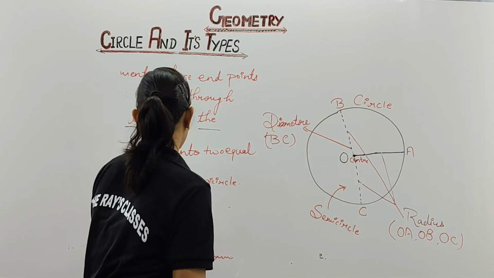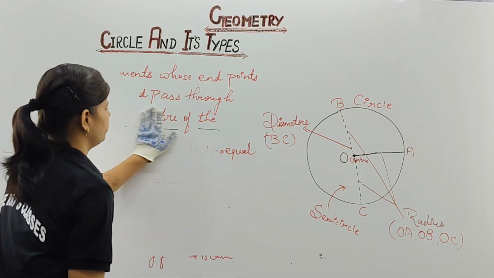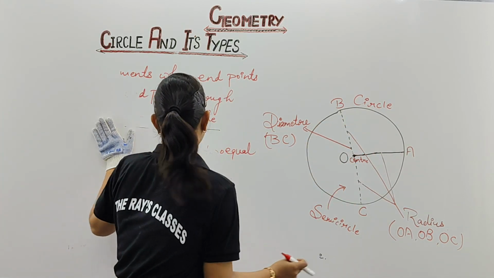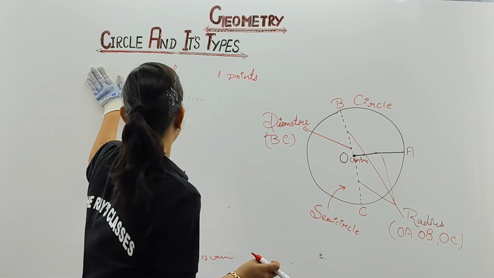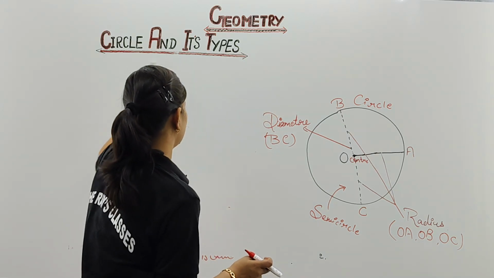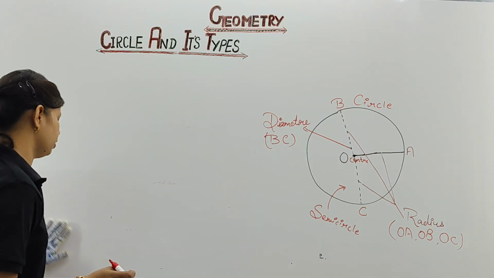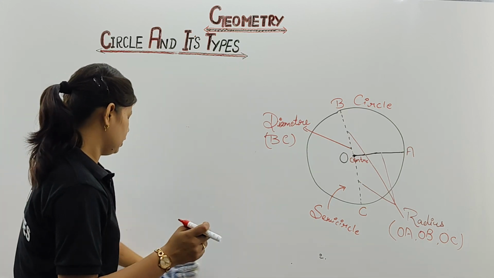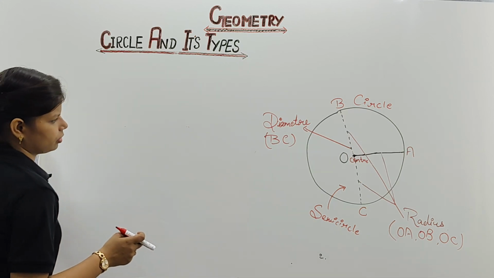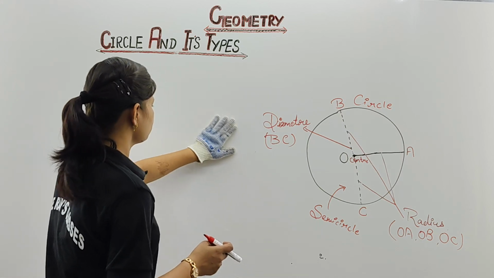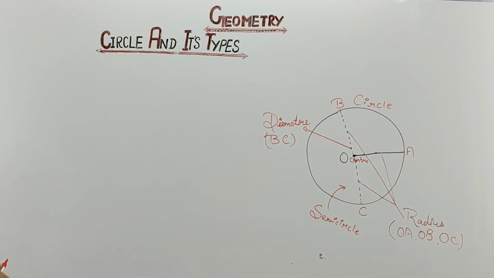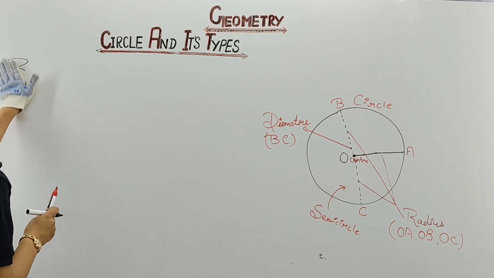Radius is your, when it has been divided in half of this equal parts, you can see there are three radius in this given figure, and diameter is your, when its two ends touch the circle, then the diameter will be formed. Clear? So your heading is relation between diameter and radius of a circle.